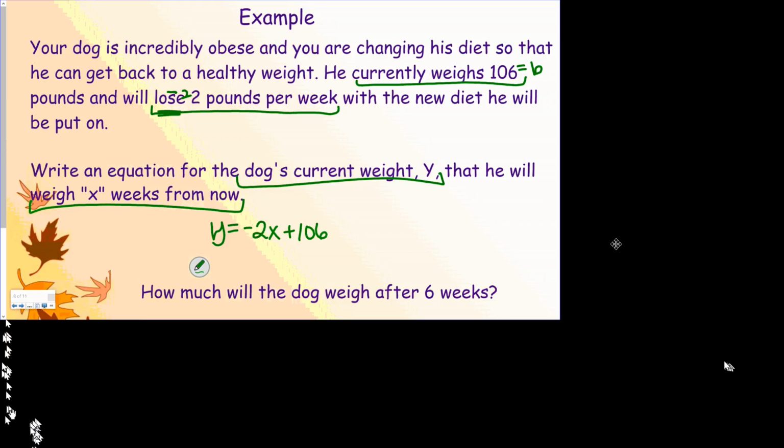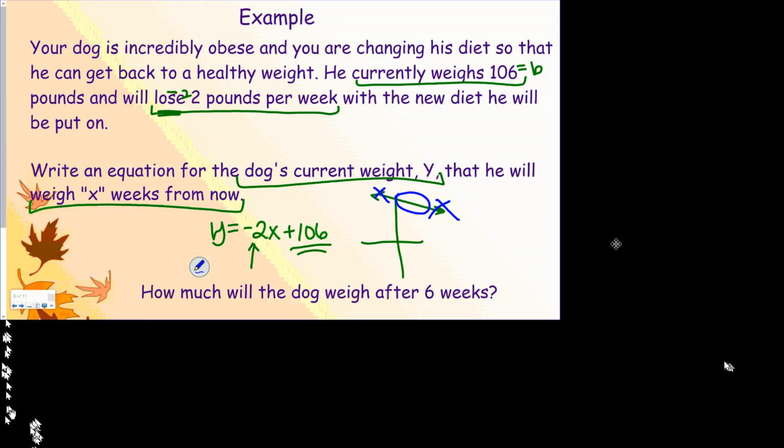We're starting out at a positive amount, a weight of 106 pounds, but then we're going to lose 2 pounds per week. Now, in this situation, losing 2 pounds per week, if we graph this line out, we'd have something like this. And this is another situation where not all parts of the graph will make sense. We can chart his weight loss linearly for maybe a portion, but then that dog is going to reach a normal healthy weight, and we would stop this weight loss.